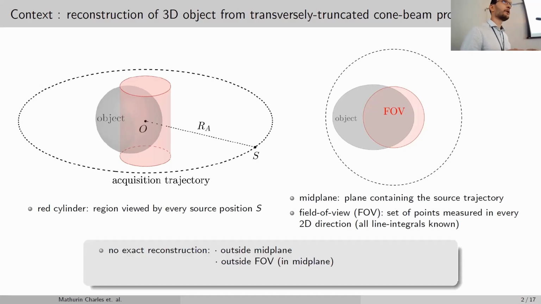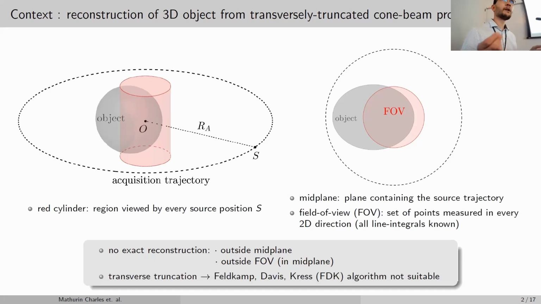Here, we know that there is no exact reconstruction possible outside the midplane because the single orbit trajectory does not satisfy two sufficient conditions outside the midplane. And in the midplane, there is no possible exact reconstruction outside of the field of view.